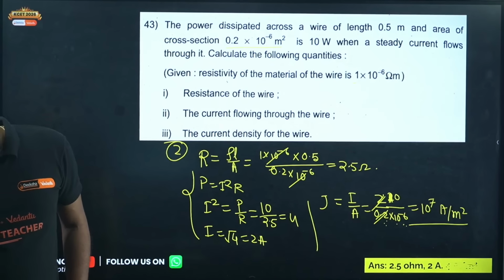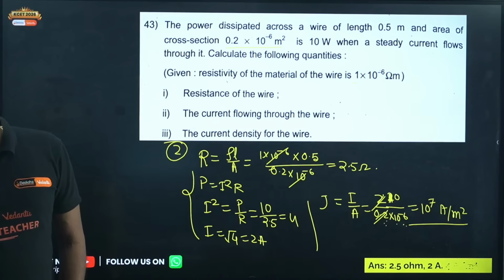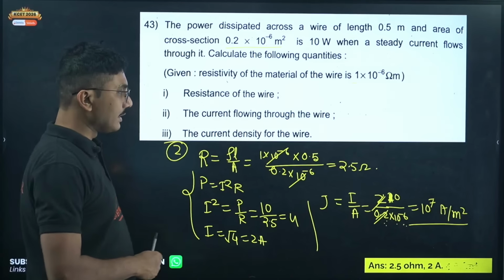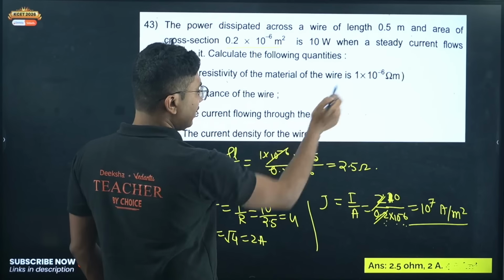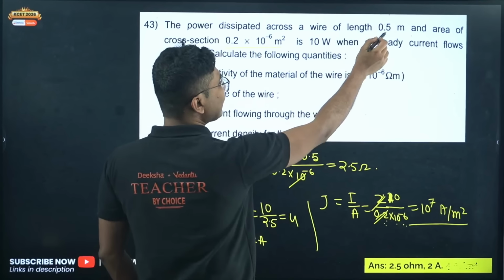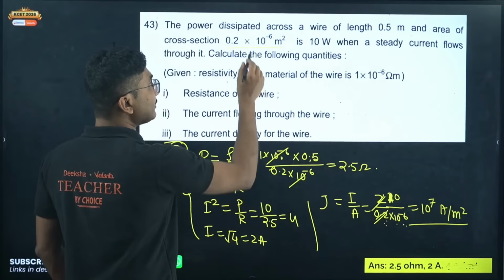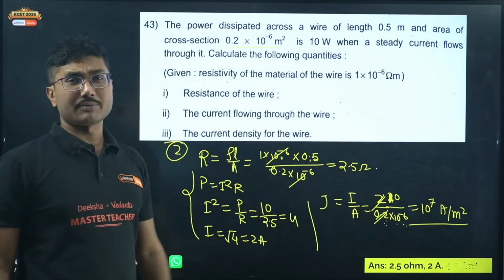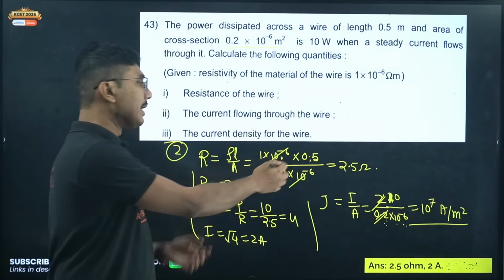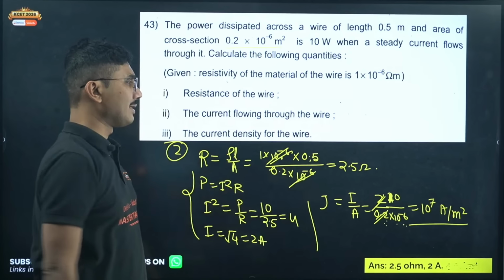Okay, you got 0.15 ohm. No, then it is wrong. Rho is given here, length is given, and area is also given. Just use, that's why I told you, do not use the calculator from the beginning. Try to simplify. 10 to the power of minus 6, 10 to the power of minus 6 cancelled.